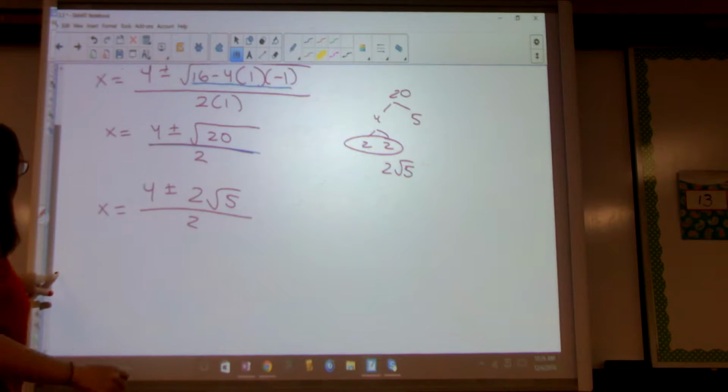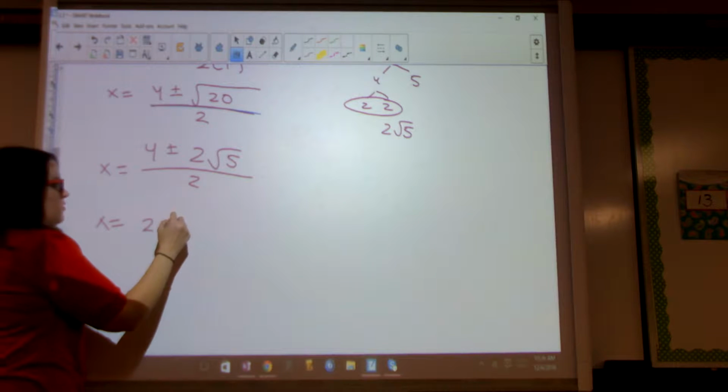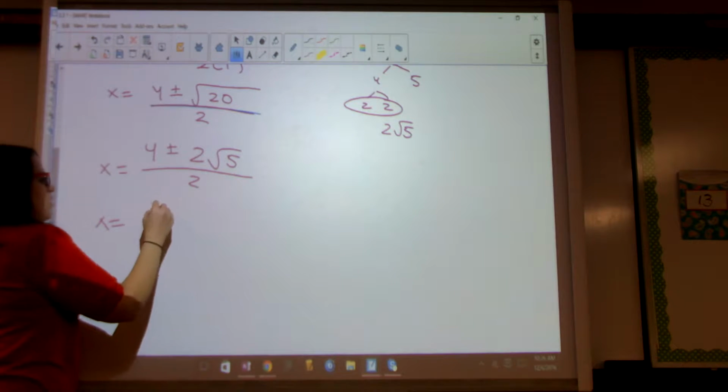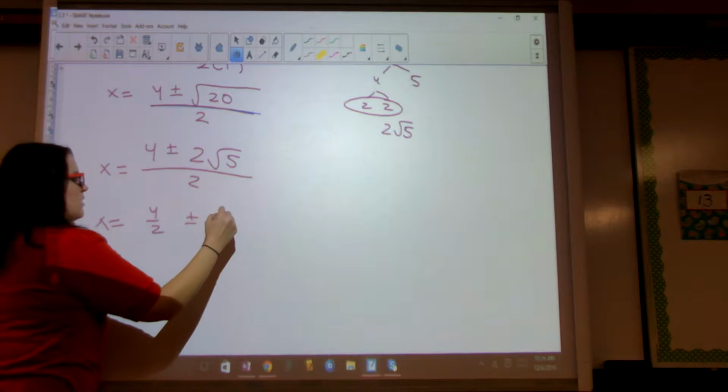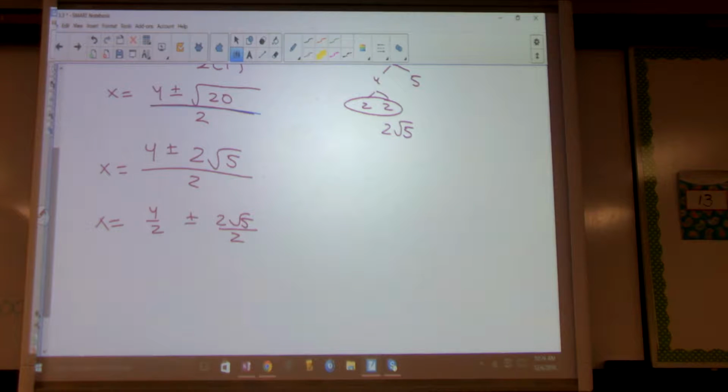Just like we did on complex numbers. So 4 divided by 2 is 2. Let me show you that step just in case some of you are following along. I divided each term by 2. Now reduce it.